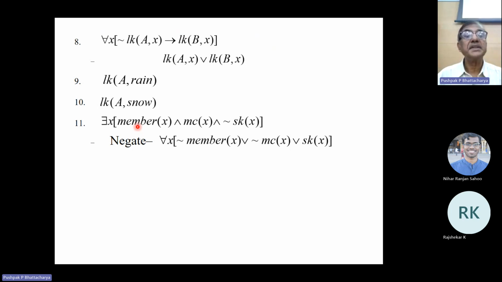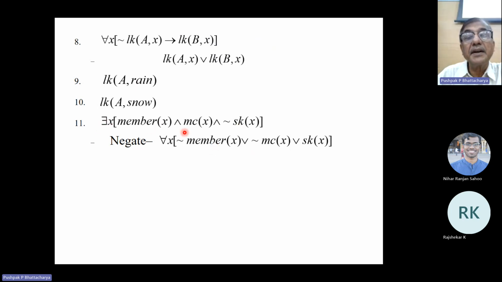The important step of contradicting the goal comes here. There exists x, member x, and mountain climber x, and not skier x is converted to negation. So when you negate an existential quantifier, the existential quantifier becomes universal quantifier, and everything inside the universally quantified expression gets negated.